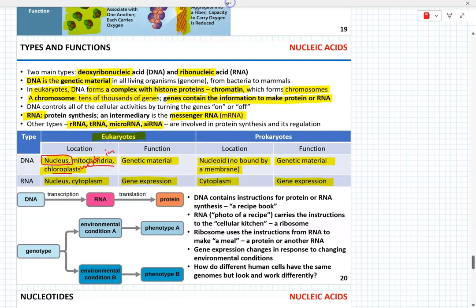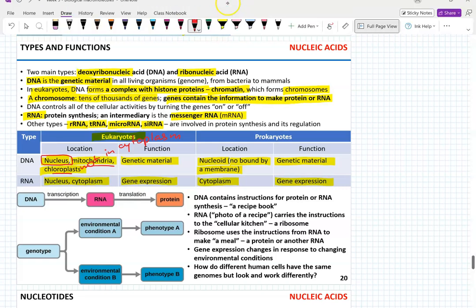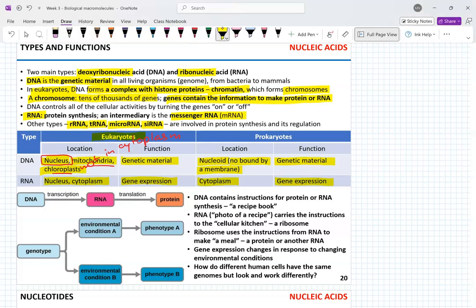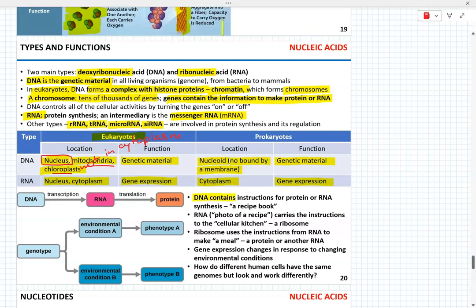So I want to reiterate the following, that in animal cells, DNA can be found only in the nucleus, but not in the cytoplasm. So now let's take a look at the actual function of DNA, RNA, and protein in the context of gene expression. DNA, essentially, has all the instructions for protein or RNA synthesis.